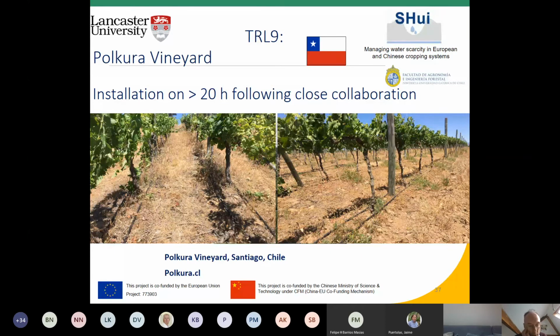And I think this provides a successful model for those of us who are academics and researchers on partial root zone drying, to actually gain some satisfaction that the work that we are doing from an academic perspective can actually be applied in the real world.